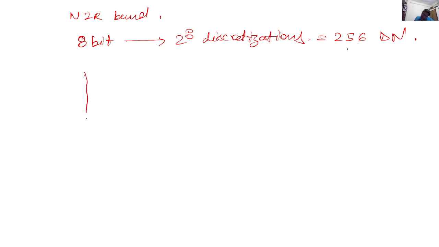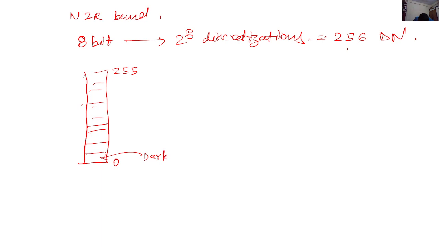So the DNs, the digital numbers, would vary from 0 to 255. So totally it would be 256 distinct DN values. The lowest would be the darkest, and the one which is the brightest would have the highest DN value.